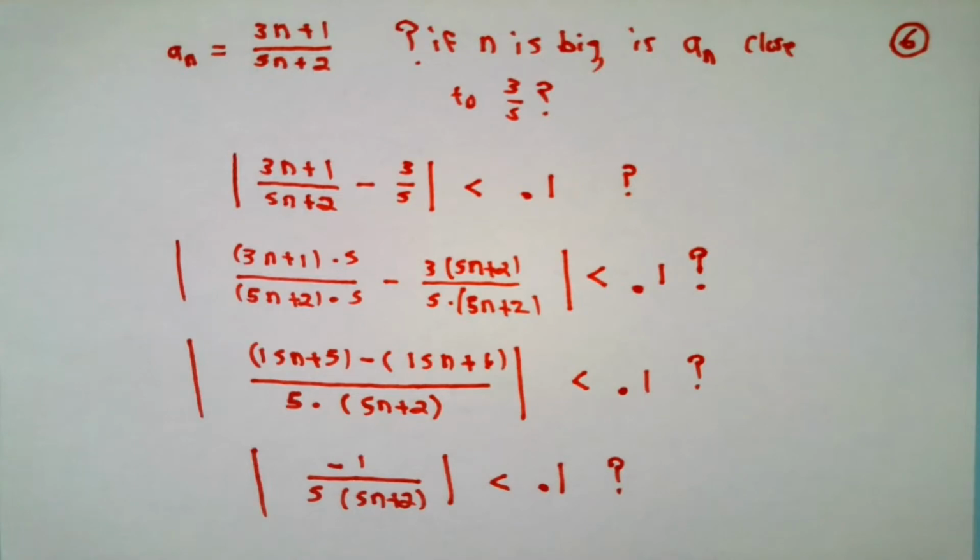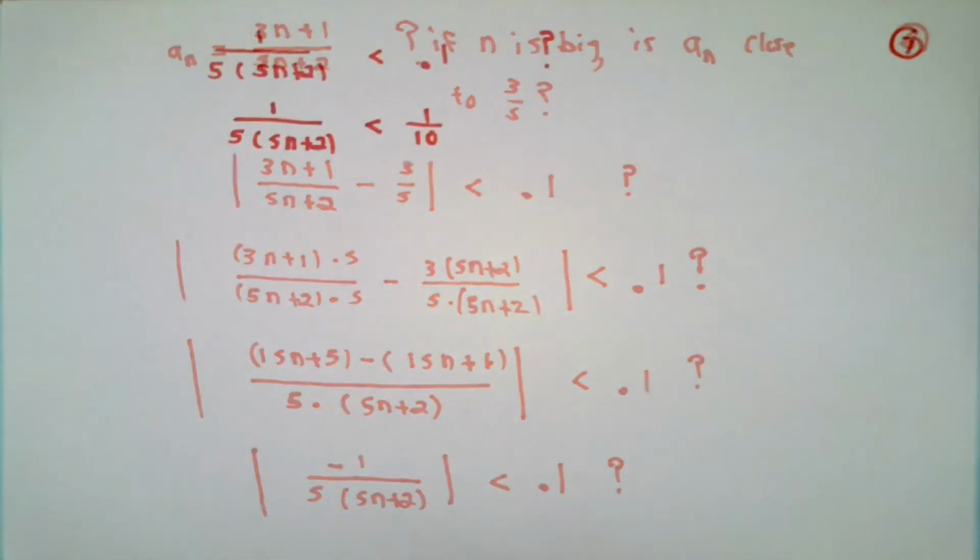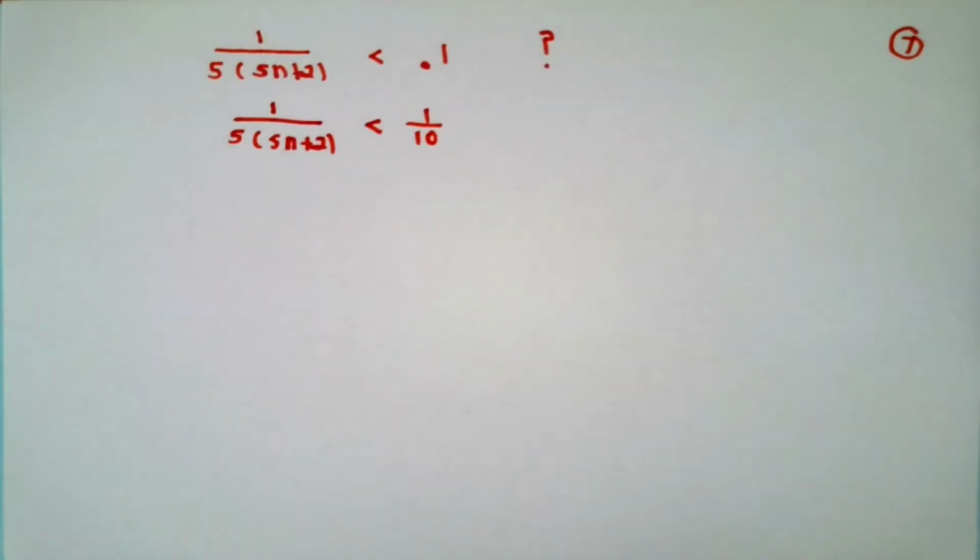After making the bottoms of the fractions the same, doing some algebra to combine terms, it turns out that what I'm asking is: is it possible to make the absolute value of -1 over 5 multiplied by the quantity 5n plus 2 smaller than 0.1? When I take the absolute value on the left, the only effect that it has is to remove the minus sign, so we'll have to do some more algebra.